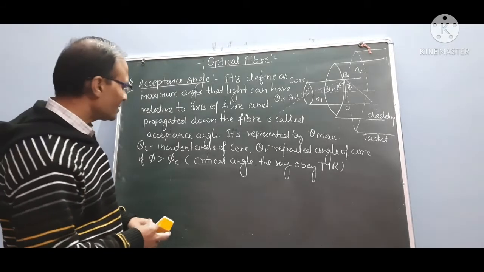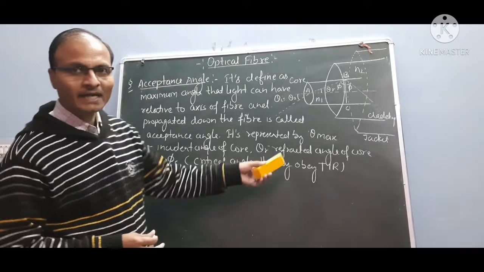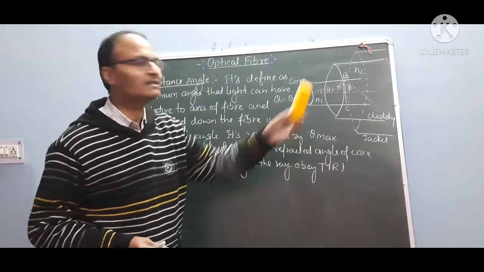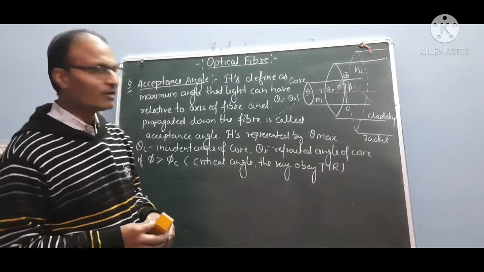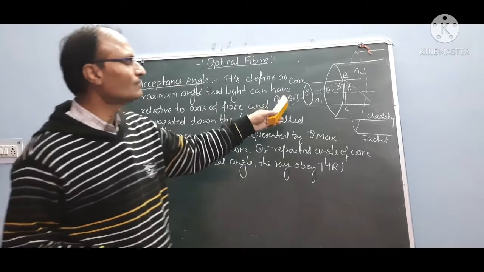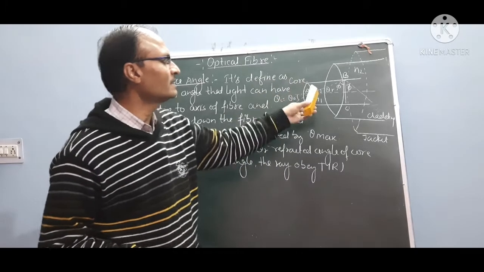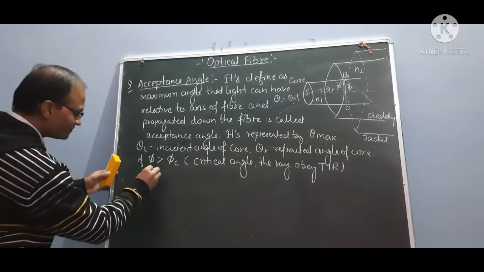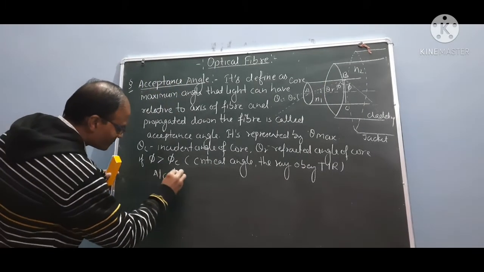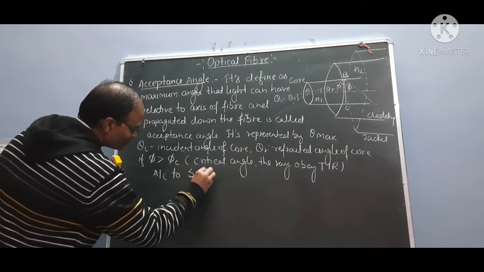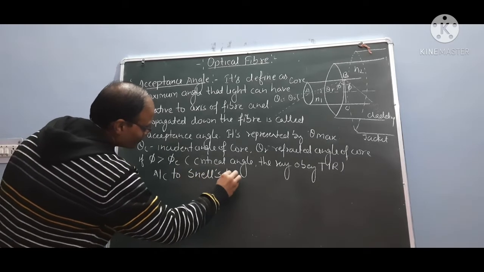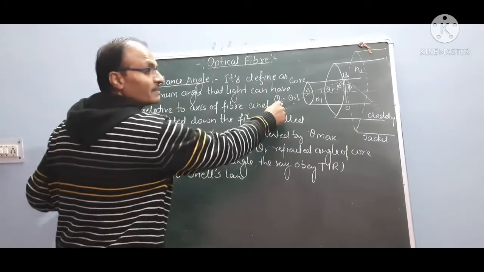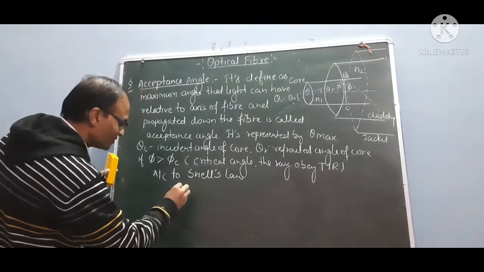Now for the principle of TIR, phi is greater than phi C. Now according to Snell's law, this one is the air medium and this one is the core medium. So according to Snell's law, N naught is the refractive index of air medium.